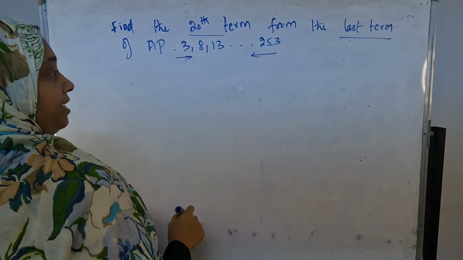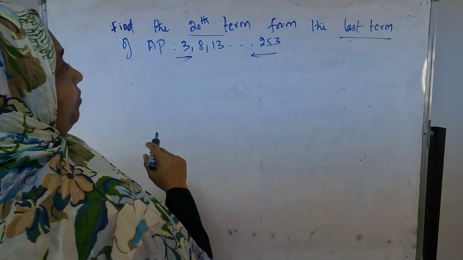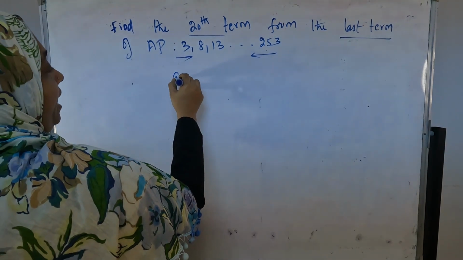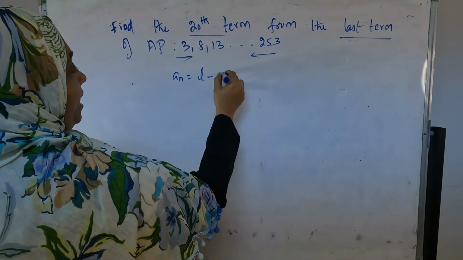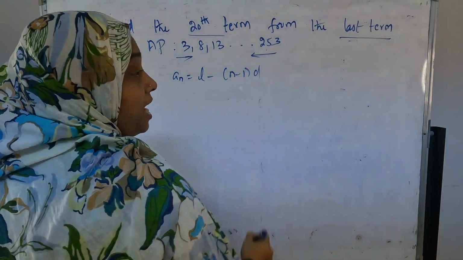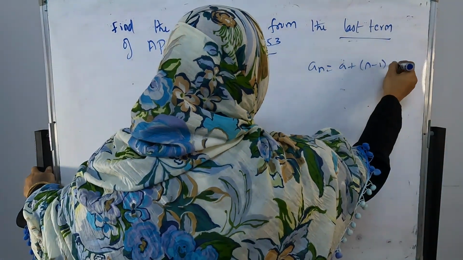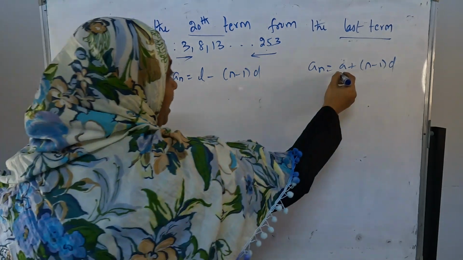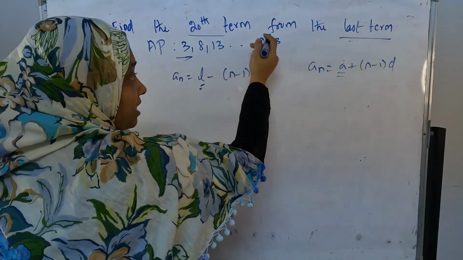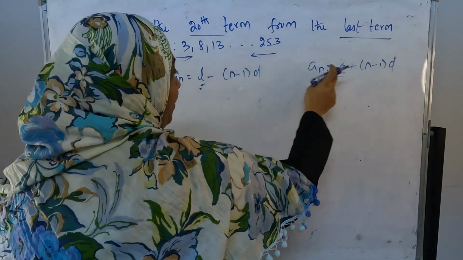For this there is a separate formula to find the term from the last term. So an is equal to L minus n minus 1 into d. Our normal formula is what? An is equal to a plus n minus 1 into d. The only difference is that in the place of a, L is there, because the last term is our first term here. Instead of plus, it is minus only.